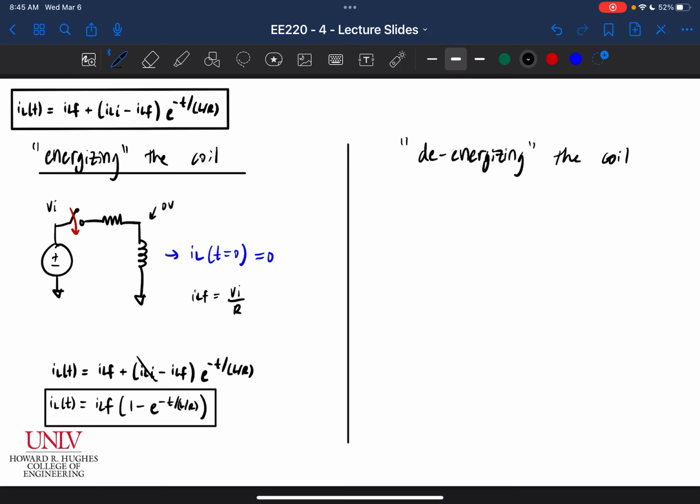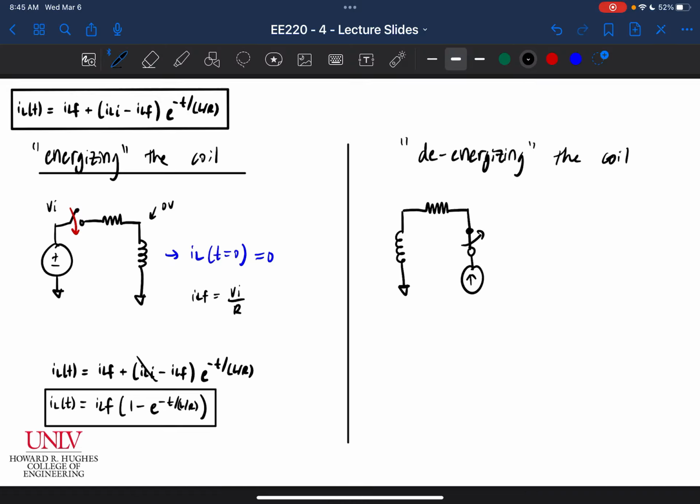And then how about de-energizing the coil? What might that look like? Well, let's say I've got my inductor here, and then I've got a resistor, and let's say I've got a current source sitting here pumping current into that inductor, and then at some time my switch is going to open.